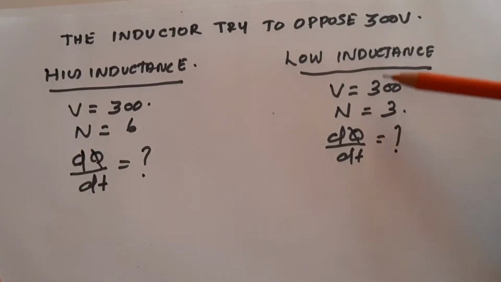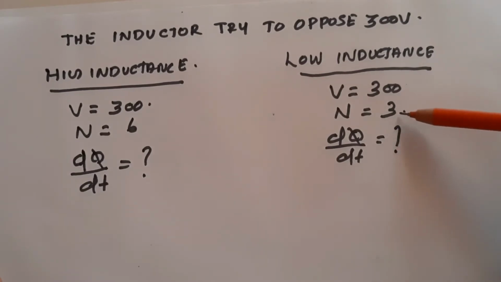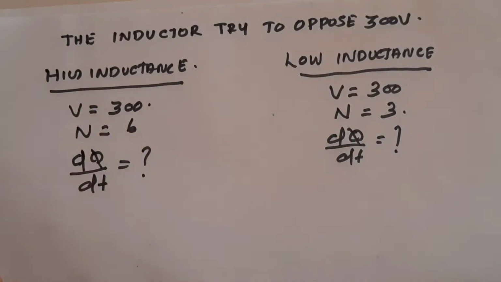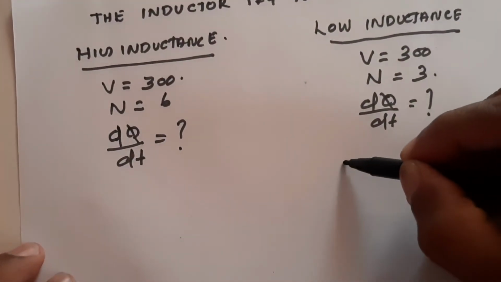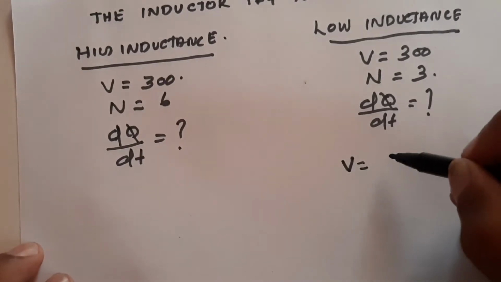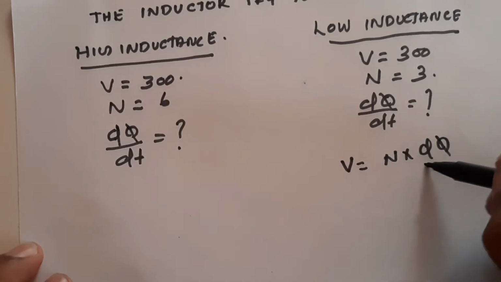The input voltage is 300 volt. The inductor has to oppose this 300 volt, and for the low inductance case, take it as 3 turns. What is the equation? Voltage is equal to N into dφ by dt.